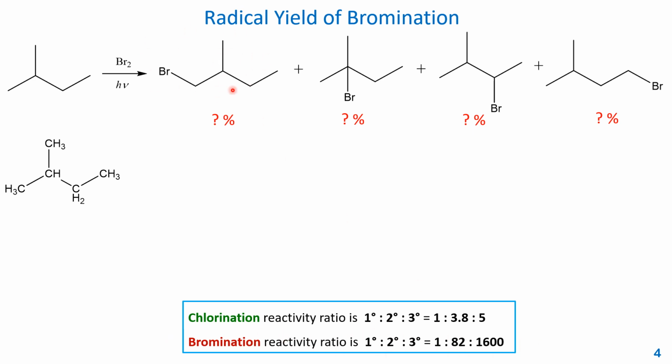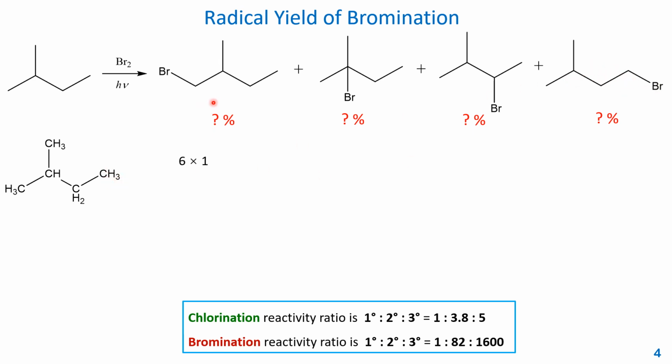For this first product, you can look at this condensed structure. You could replace one of the 6 here, 3 here, 3 here. The 2 methyl groups are symmetrical, so any one of the 6 primary hydrogens can be replaced by bromine to form this first product. You cannot replace this one, because that will give you a different product, the 4th product.